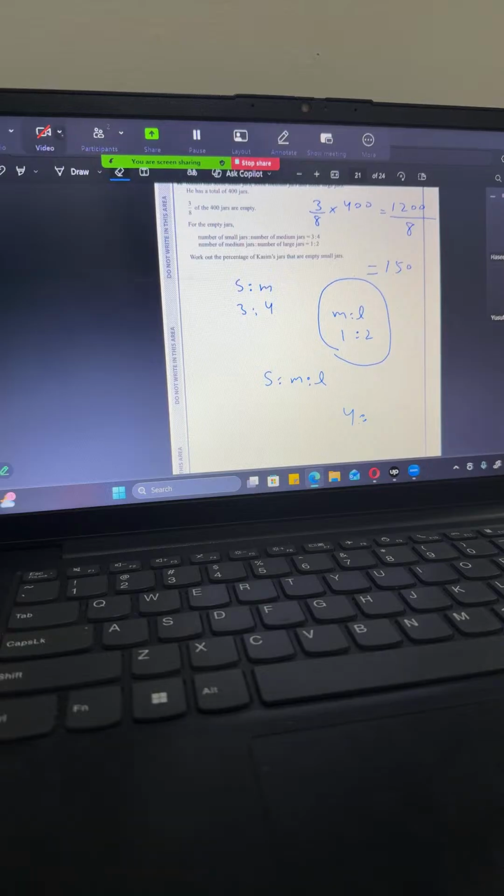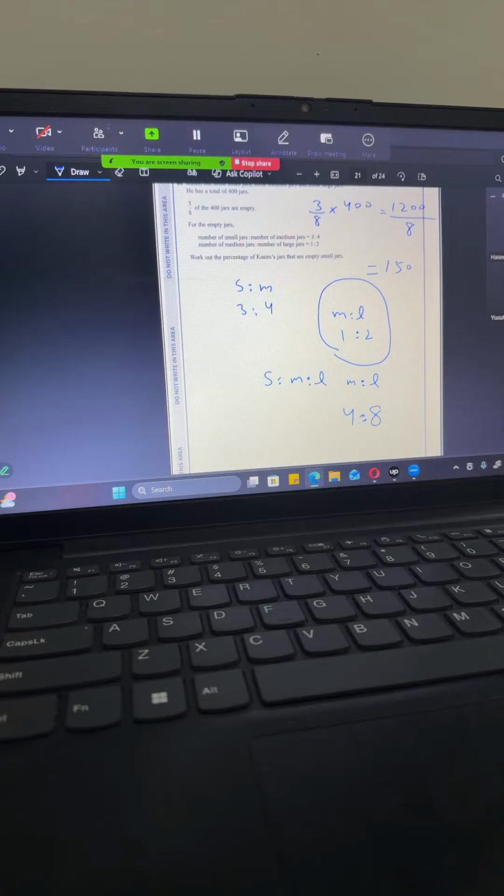Which means that when I have 4 medium jars, then I have 8 large jars, right? Yeah. So can I combine the ratios? Yeah, you can.